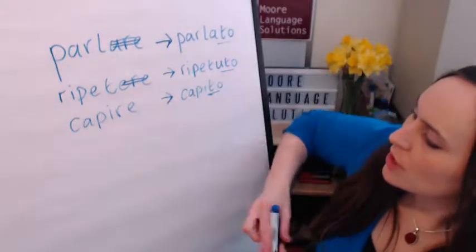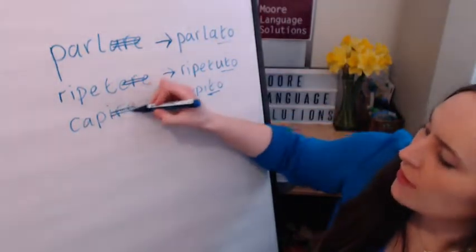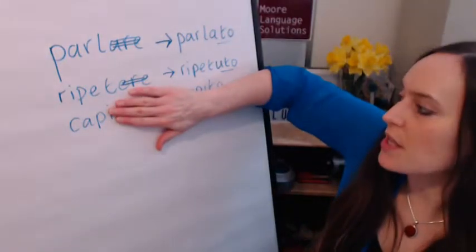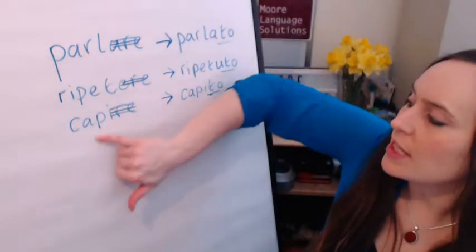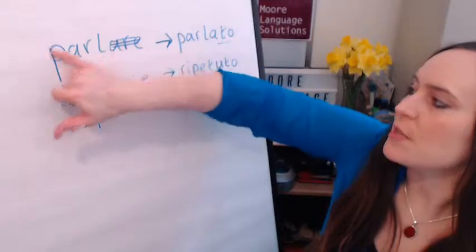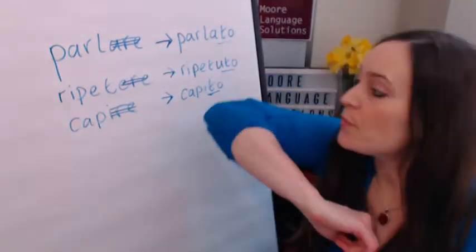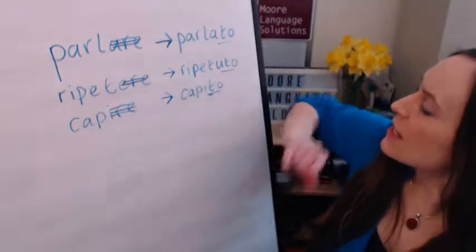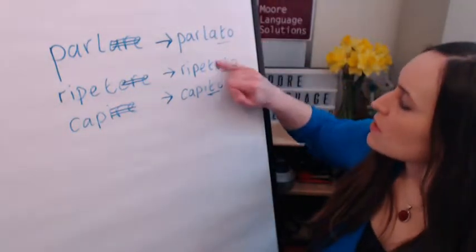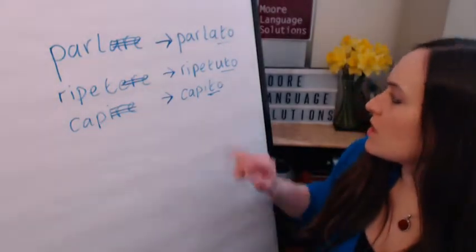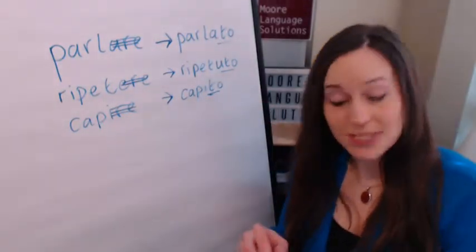You need to remove the ending, which is always the last 3 letters, and that will leave the stem of the verb. So these bits are the stem or the root of the verb, and these are the endings, and then these are the new endings that you replace the previous endings with in order to form the past participle.